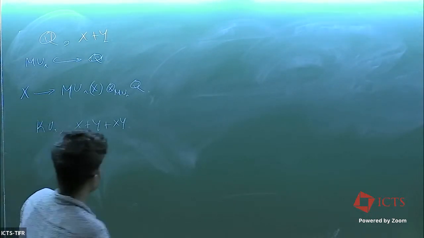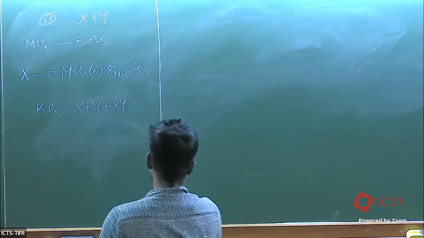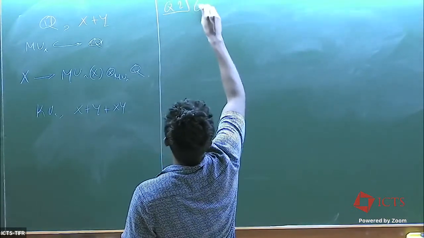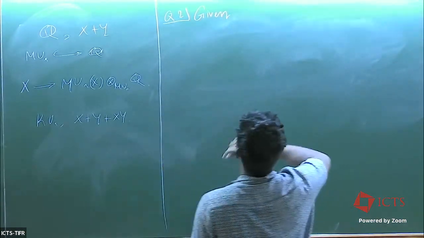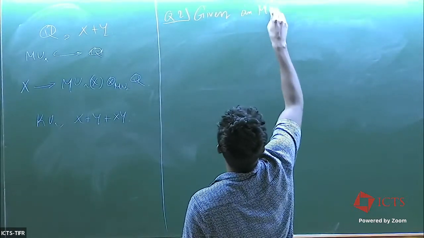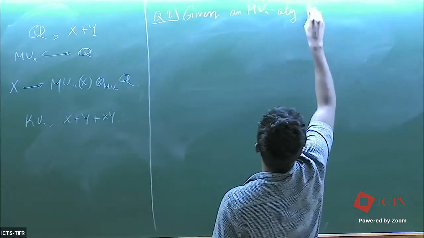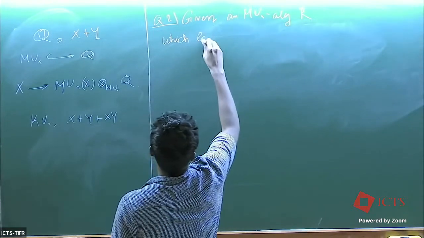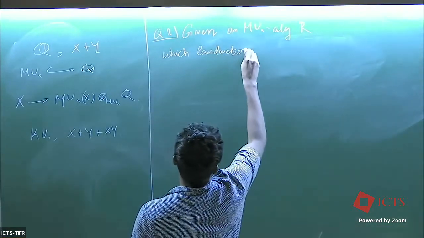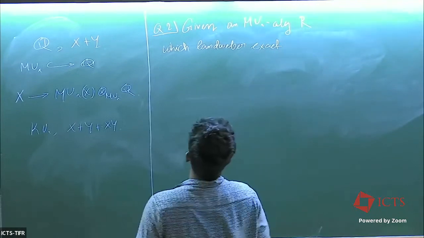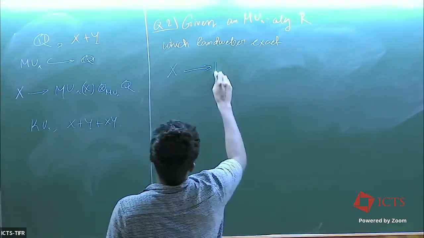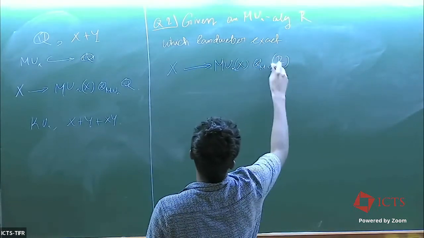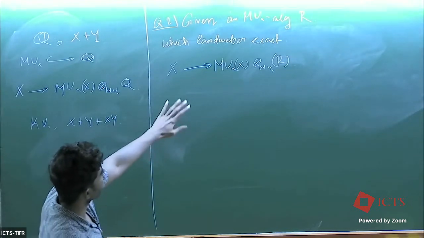Now I want to reverse, or continue, this process. So question number 2: given a mu star algebra, say R, which is Landweber exact, then I know that x goes to mu star x tensor over mu star of R. Because this is Landweber exact, this gives us a spectrum.